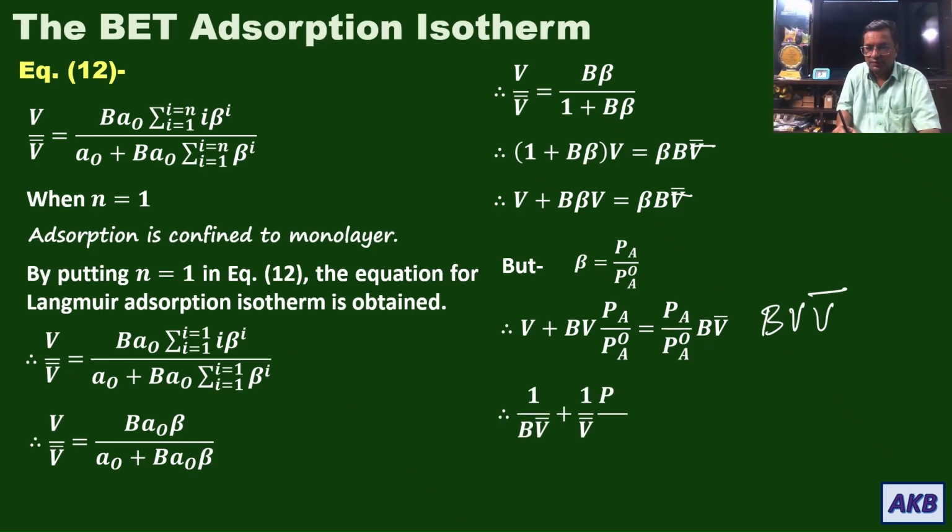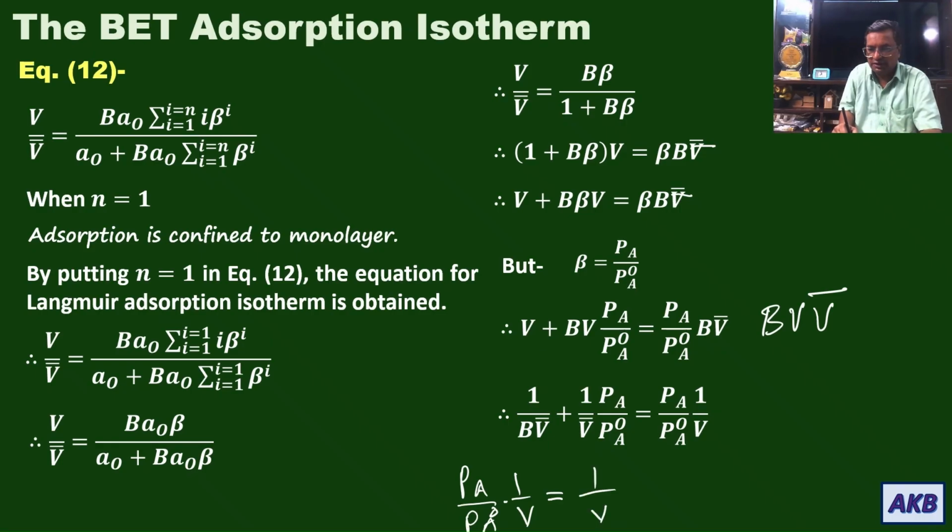That will give me 1 upon B into V bar plus 1 upon V bar into Pa upon Pa naught, that is equal to Pa upon Pa naught into 1 upon V. And then I can rearrange it in this way: Pa upon Pa naught into 1 upon V is equal to 1 upon V bar into Pa upon Pa naught plus 1 upon V into V bar.